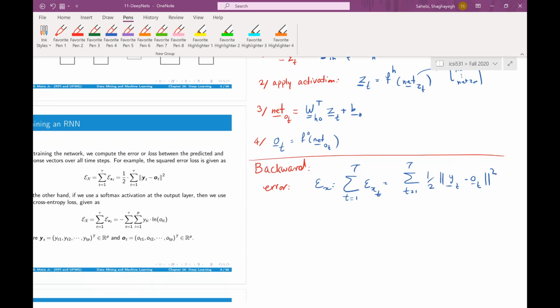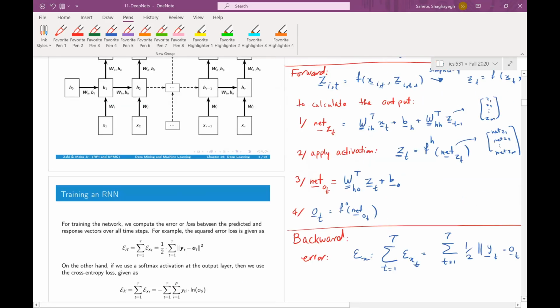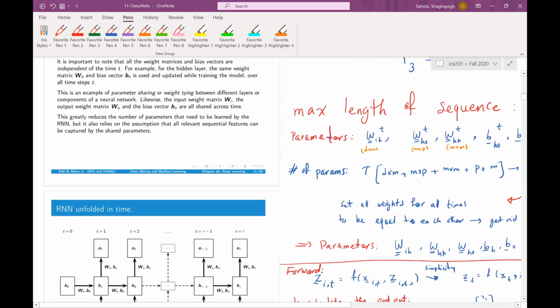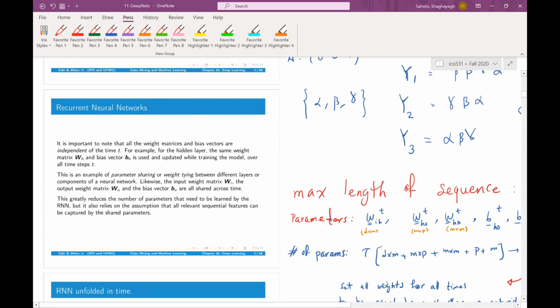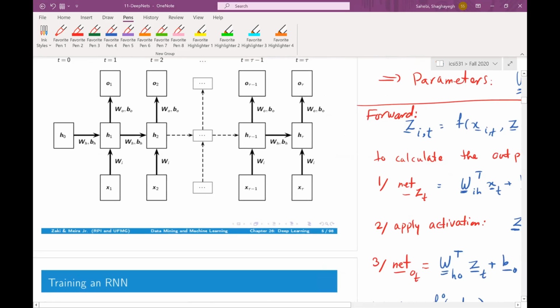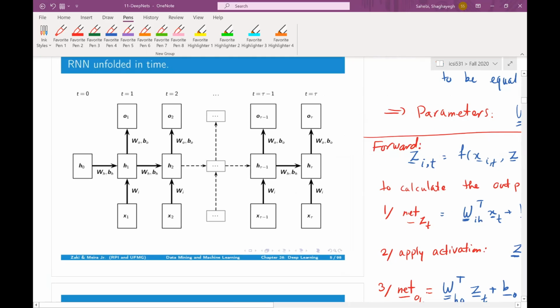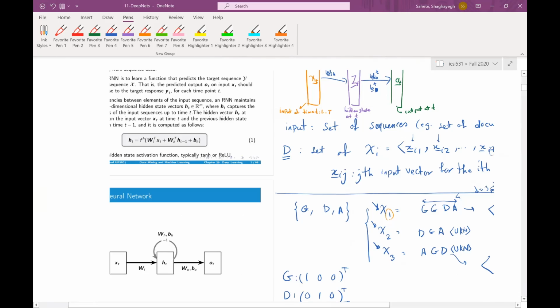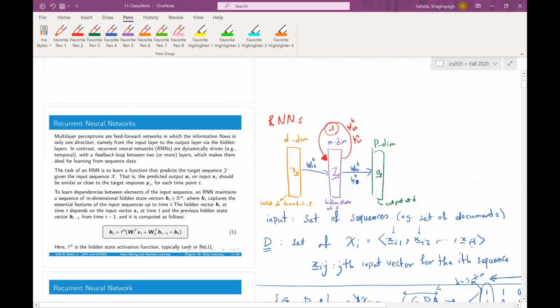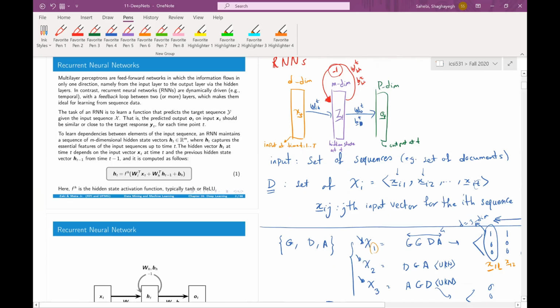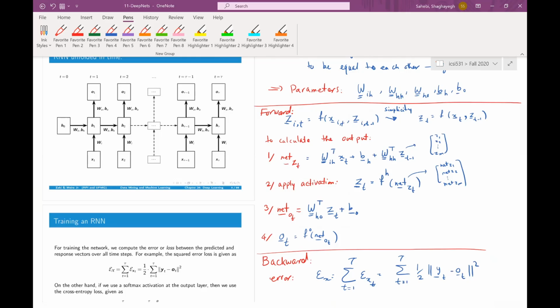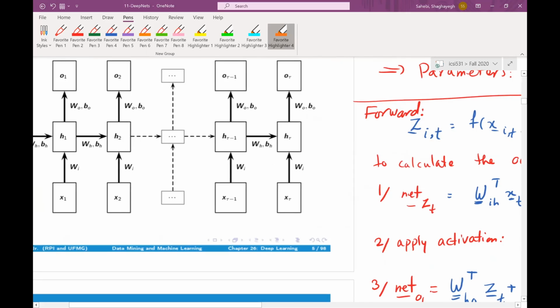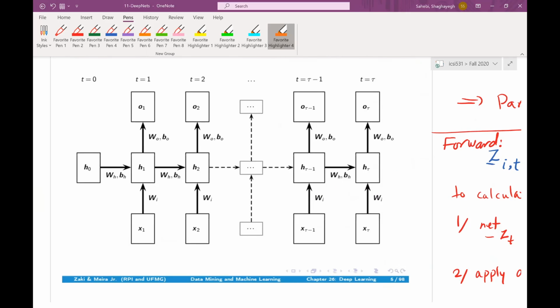The way that we are going to do that is by unrolling or unfolding the sequence structure or architecture in time. You remember that we had this architecture with a loop in it. So we are going to open up the loop and we will end up with this kind of architecture.